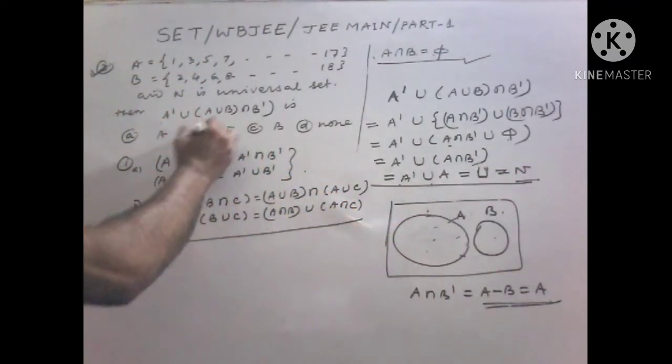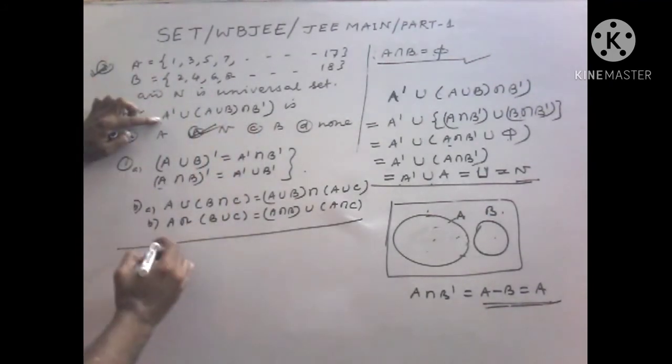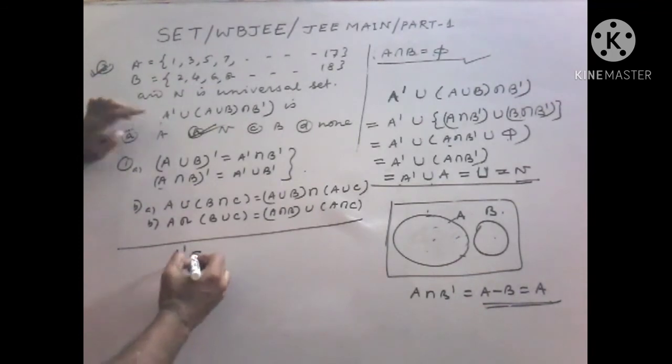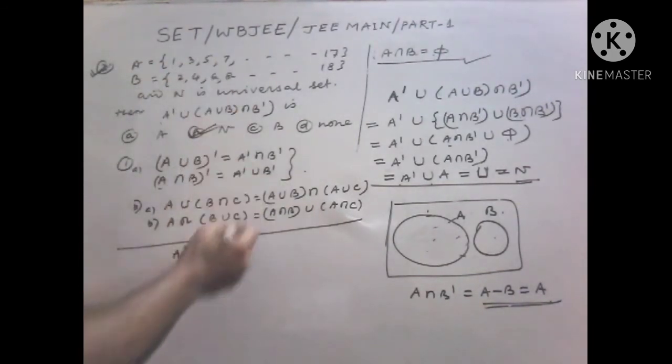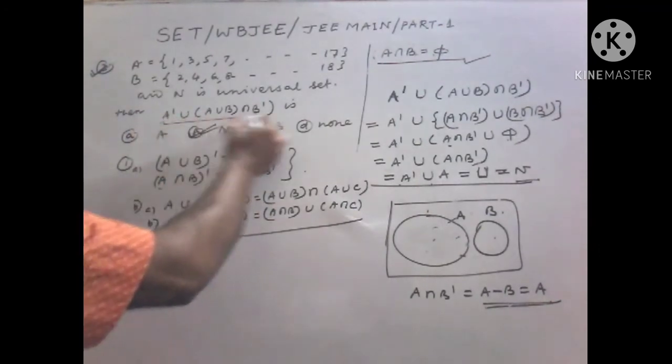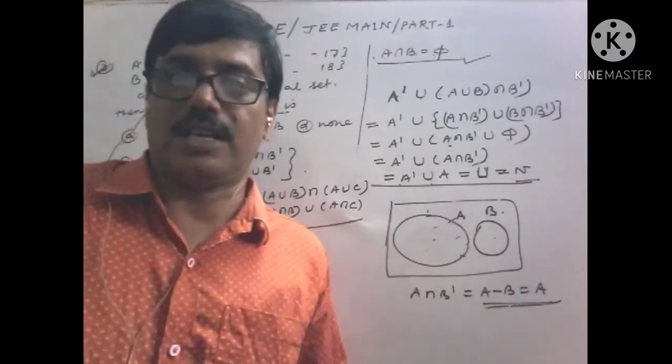So n is the answer. Or otherwise you can find what is A dash. A dash belongs to B but not in A. Then you calculate this part and, simplifying, you get the result.